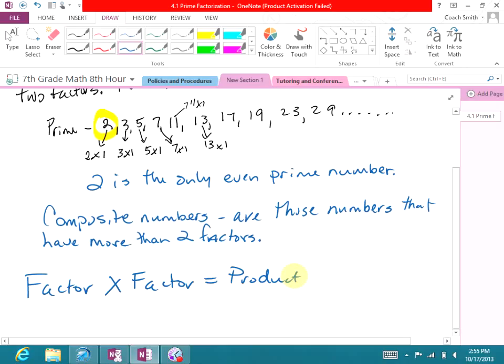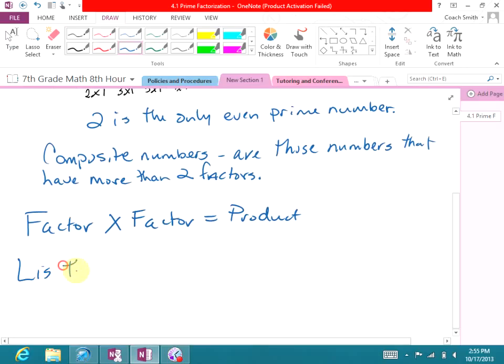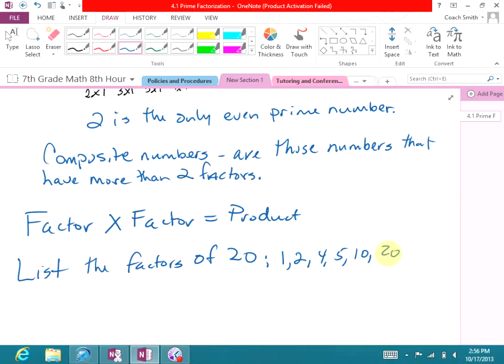So if I say list the factors of 20, the factors of 20 are 1, 2, 4, 5, 10, and 20. Those are all the factors. Those are the numbers that I can multiply together to get 20.